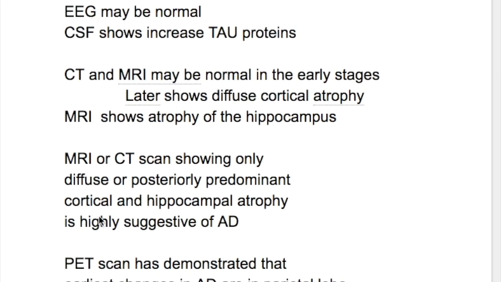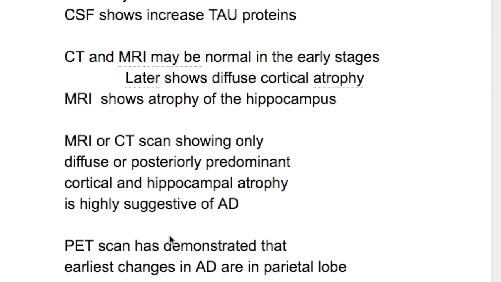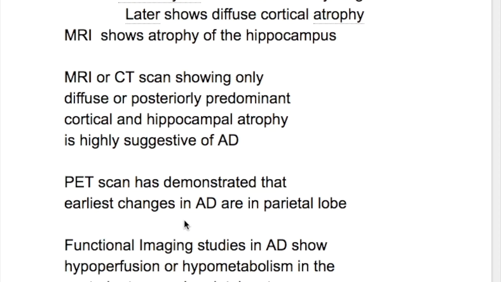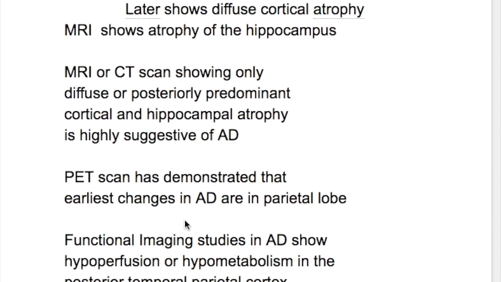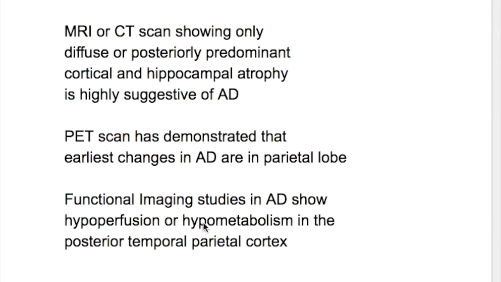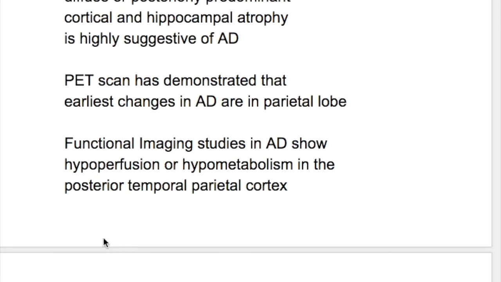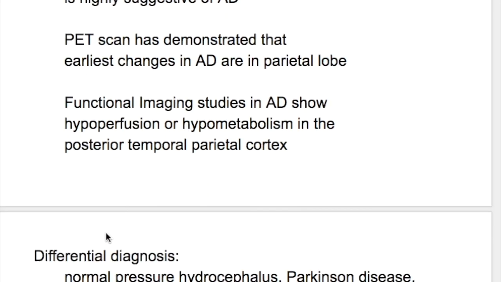An MRI or CT scan showing only diffuse or posteriorly predominant cortical and hippocampal atrophy is highly suggestive of Alzheimer's disease. PET scan has demonstrated that the earliest changes in Alzheimer's disease are in the parietal lobe. Next, functional imaging studies in Alzheimer's disease show hypoperfusion or hypometabolism in the posterior temporal parietal cortex.